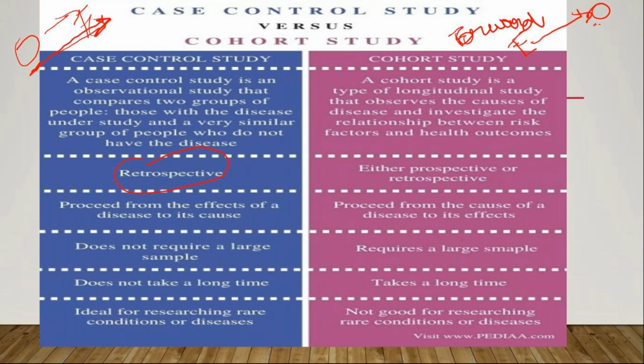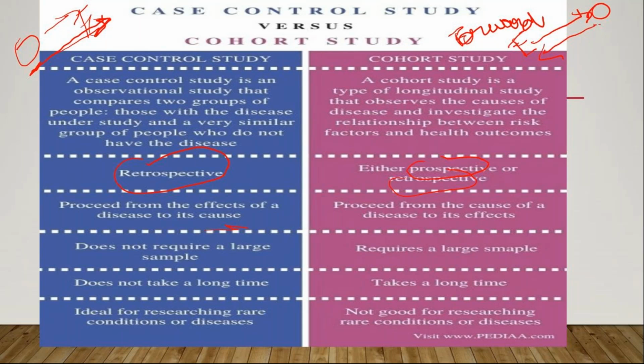A cohort study is a type of longitudinal study that observes the causes of disease and investigates the relationship between risk factor and health outcome. A case control study proceeds from the effect of a disease to its cause, as I have already told you, a backward study, while the cohort study proceeds from the cause of a disease to its effect.